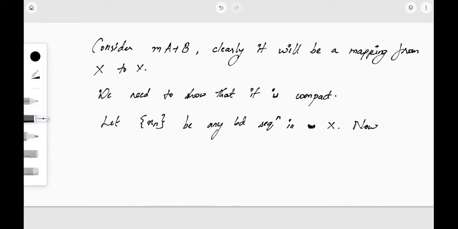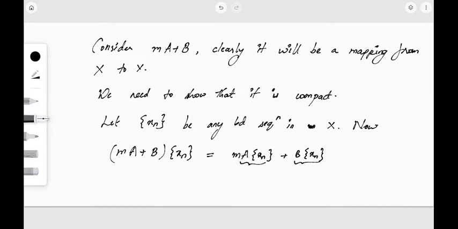Now mA plus B of xn can be written as mA of xn plus B of xn. Then by the definition of A and B, A of xn and B of xn both have a Cauchy subsequence.